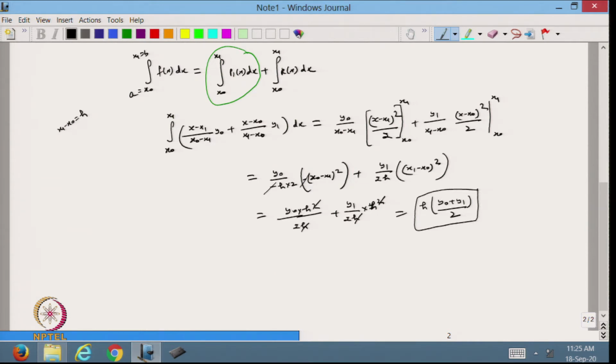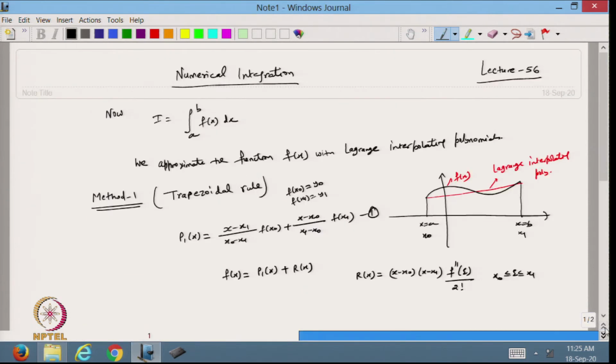And if you look at this carefully, you will see that this is a trapezoid.